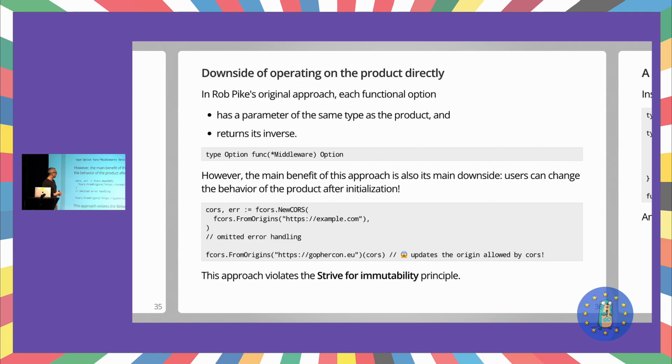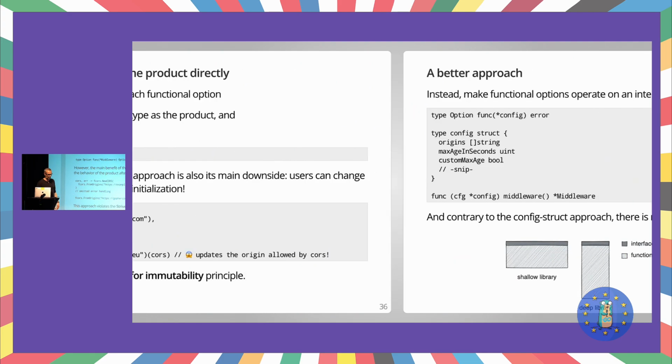And I get it. Maybe it's useful in some cases, but it actually conflicts with immutability. Here's an example that shows that if you implement it this way, then your users can actually change the behavior of the middleware after the fact. And that's not what we want. So I'm not a big fan of this approach, but to each his own.